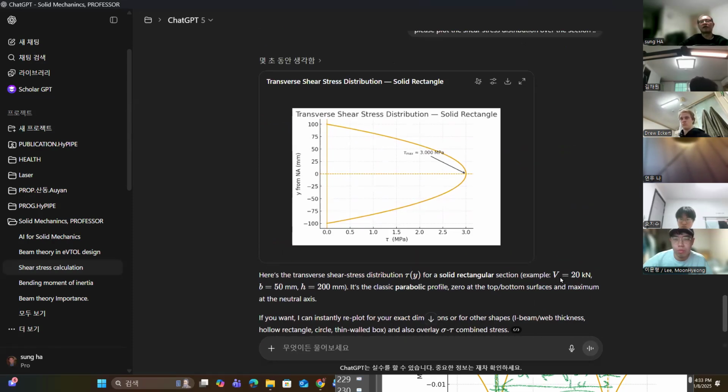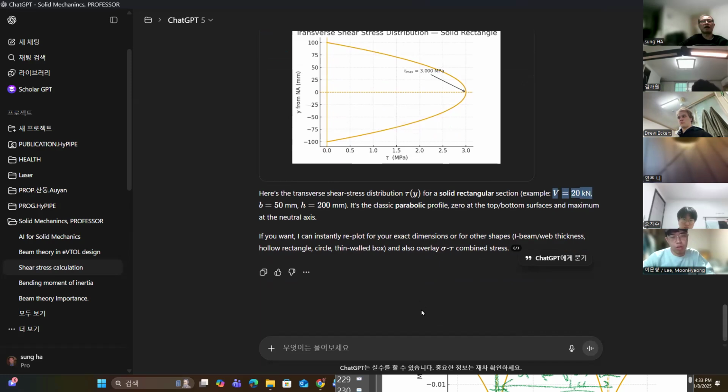V is a total of 20 kilonewton, and dividing by the cross section gives the average. Then the maximum is 1.5 times the average. That's the point I'd like to emphasize. You can simply ask what the average shear stress is.